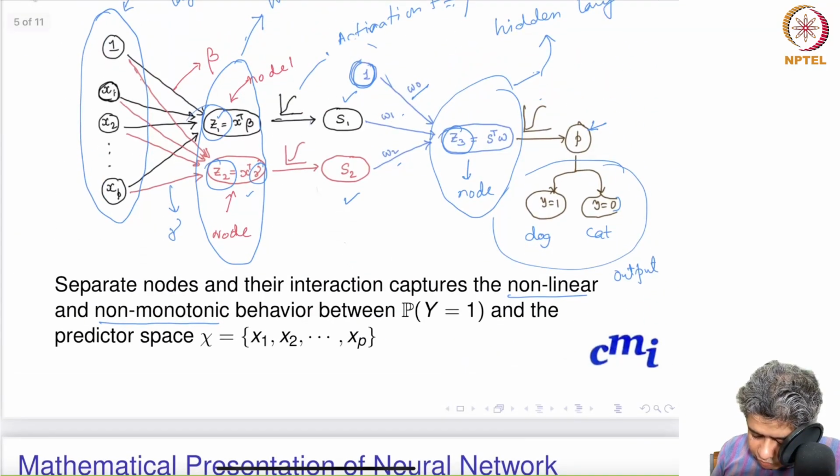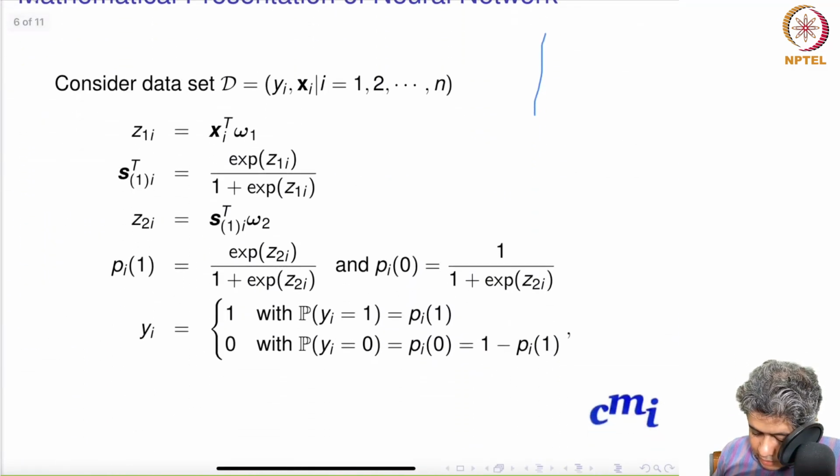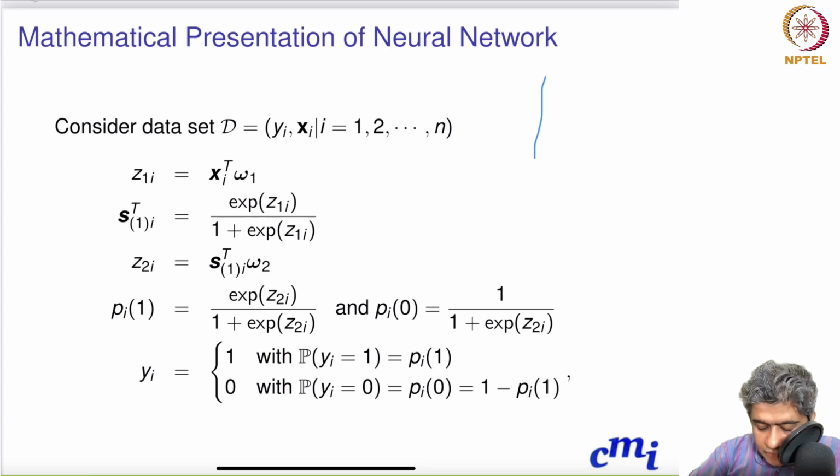This is the graphical presentation of the neural network, and this is the mathematical representation of the same neural network with 2 hidden layers, and in layer 1 there will be 2 nodes, and so this is my first hidden layer.